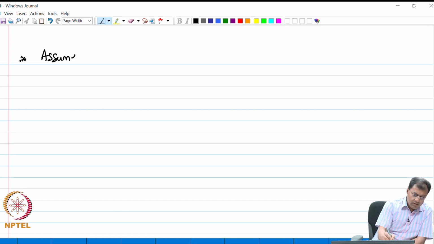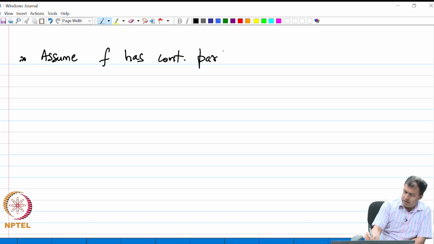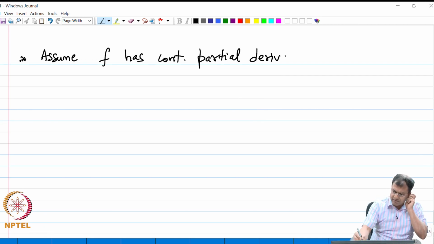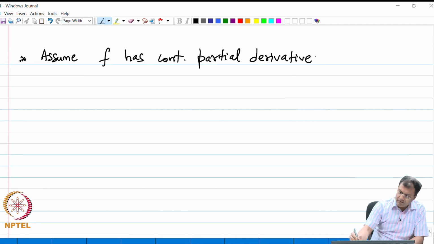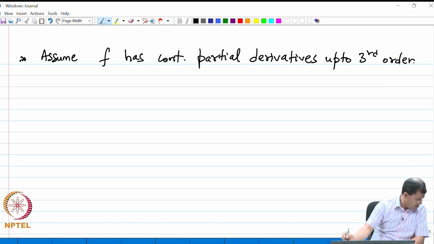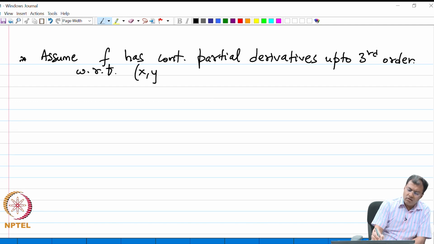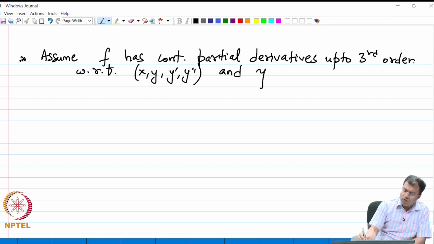Assume f has continuous partial derivatives up to third order with respect to our variables, that is, with respect to the variables x, y, y prime, y double prime as well, and this means that y must come from C4 of x naught x 1.